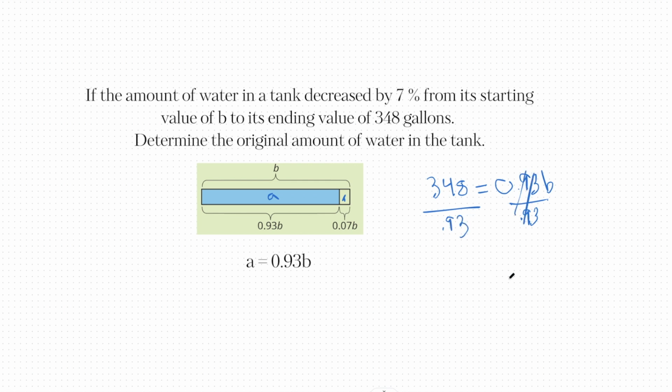When I do that, I get B equals 374.2, rounding here, gallons. And there it is. So again, we use this equation to solve for the original amount that was inside the tank. This gets a little bit tricky at times, so hang in there, be patient, and work hard, and you'll get it.